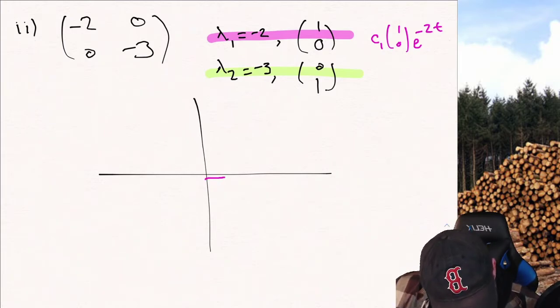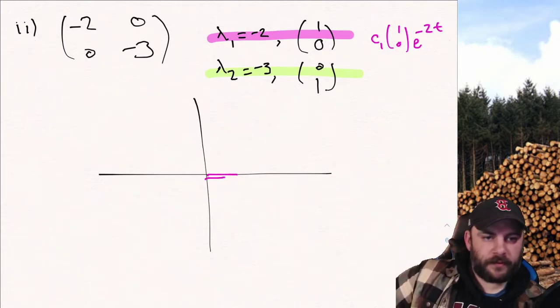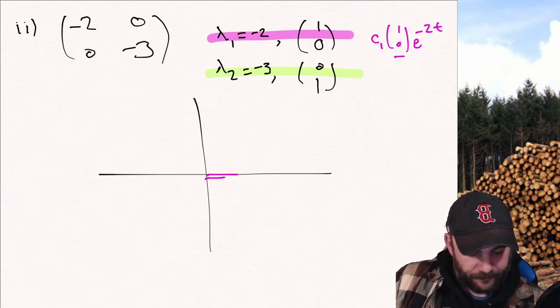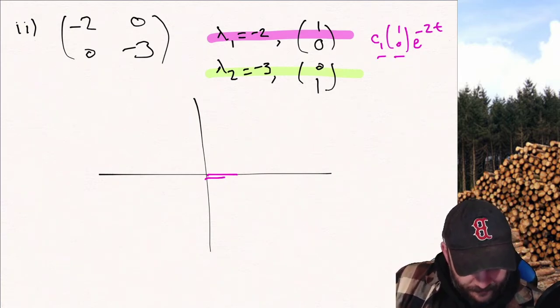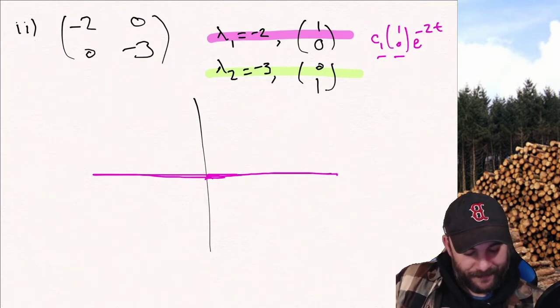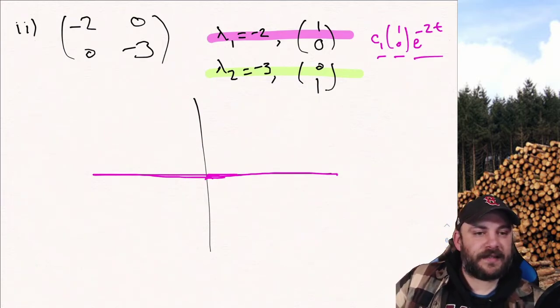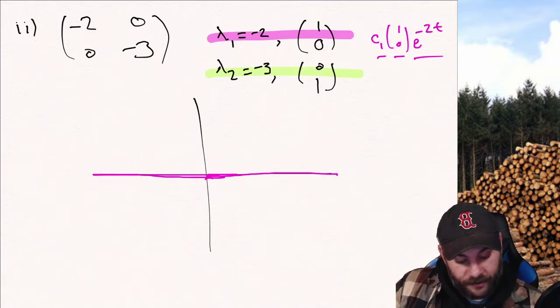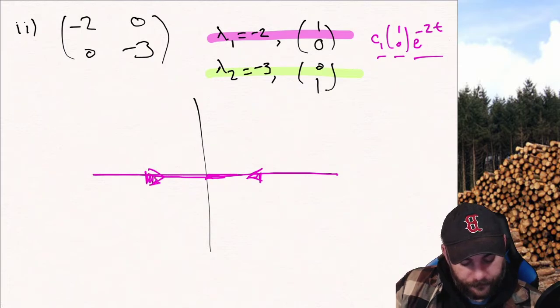All right, so that's my vector, 1, 0. Now C1 means it could be any multiple of this. So I can go all the way over there, and I can go all the way over there. So it's the entire x-axis, right? Now what this tells me is I have decay in this direction. So I decay toward the origin. You guys see that okay?